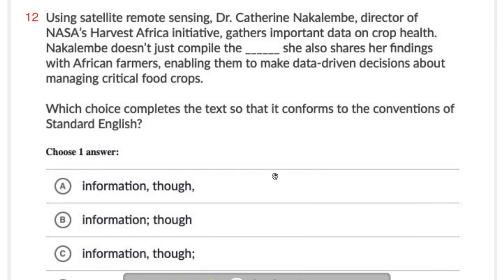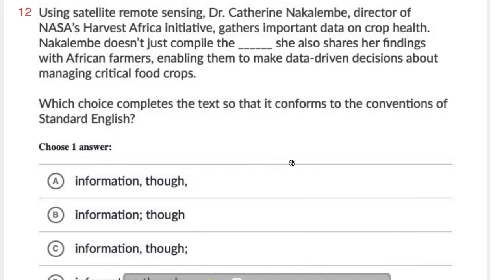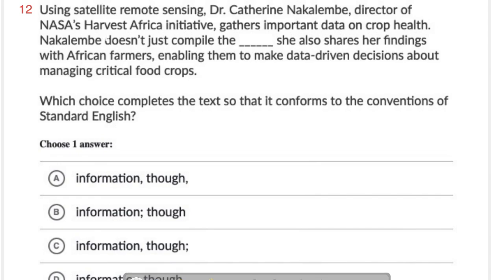And this is going to be very similar. Using satellite remote sensing, this doctor gathers important data on crop health. She doesn't just compile the data, though. She also shares her findings with African farmers. So here we have an independent clause, and then a second independent clause, and then a participle phrase there, blah, blah, blah, enabling them.